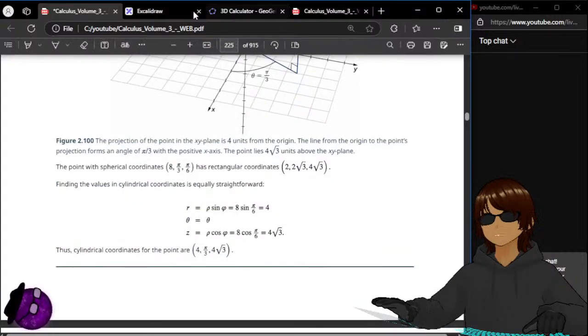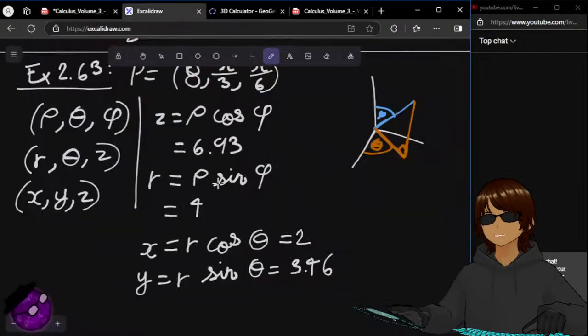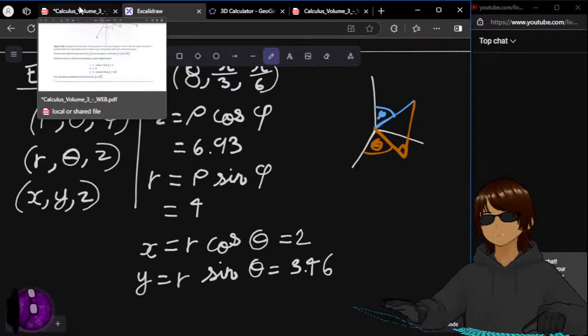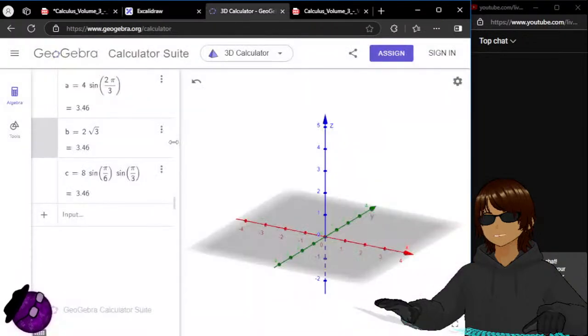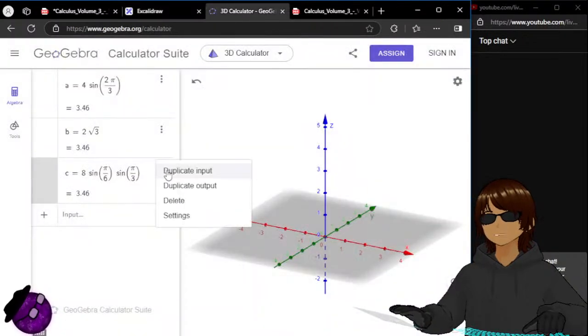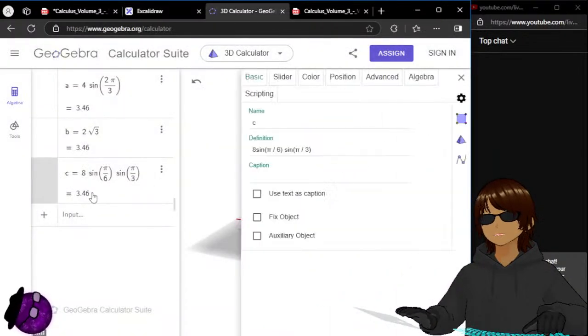You have 4, theta, and 4 root 3. Wait, let me just check. How do I get the answer with the root?